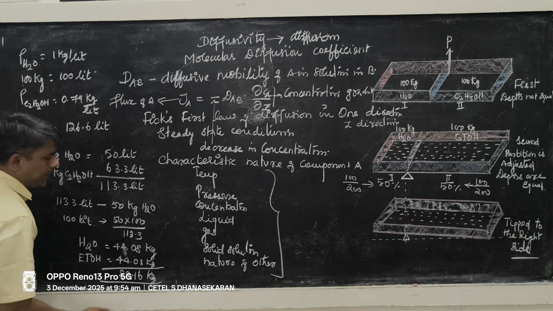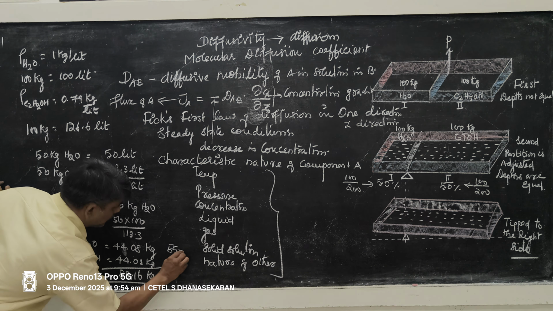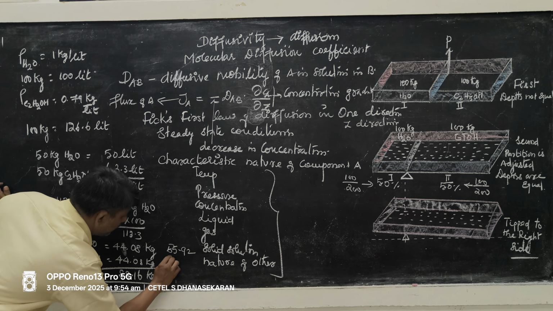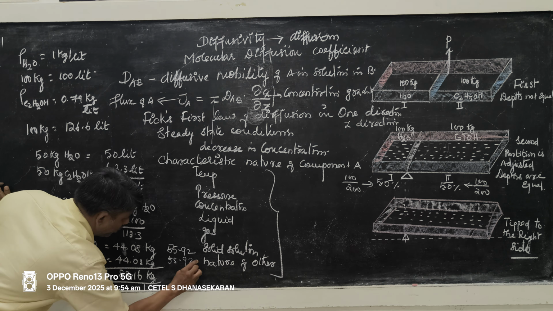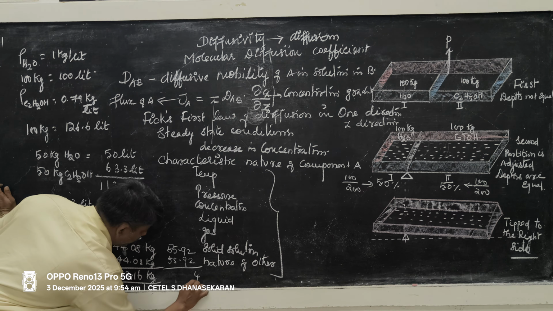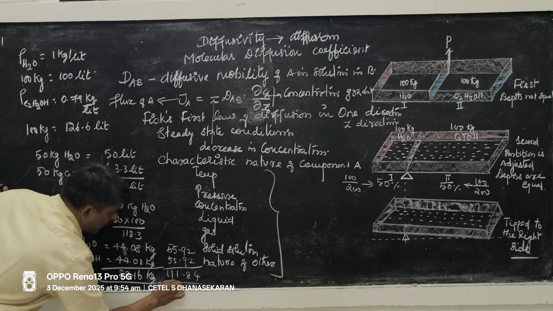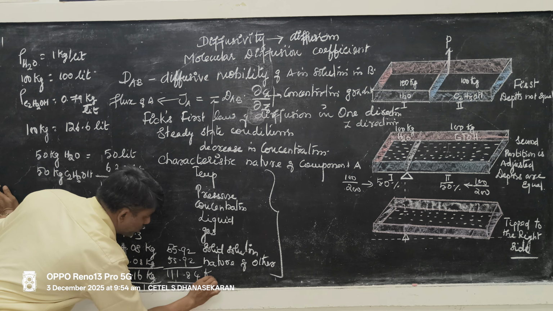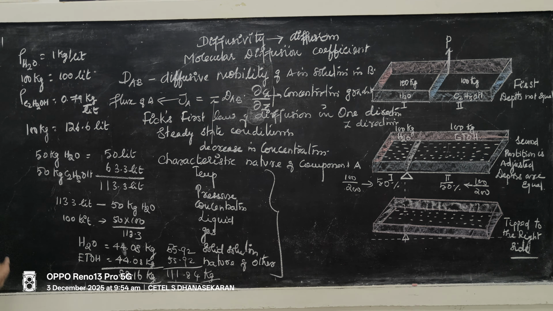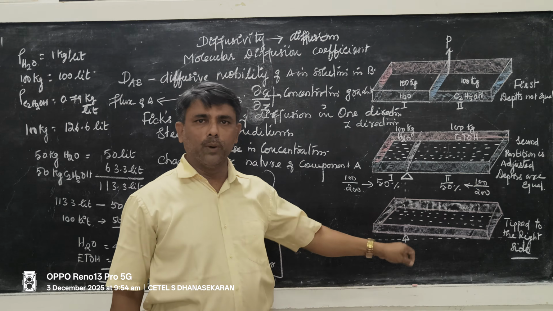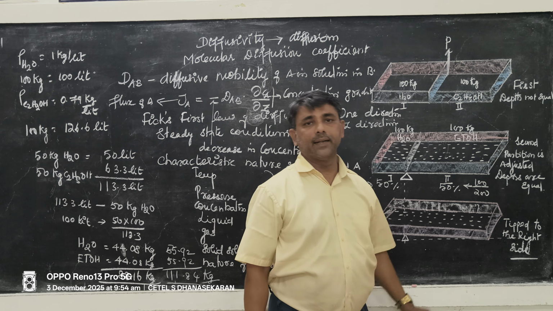Similarly, in the right hand side, 55.92 and 55.92, the total is 111.84 kg. So what I am trying to say is net mass movement towards the right side.